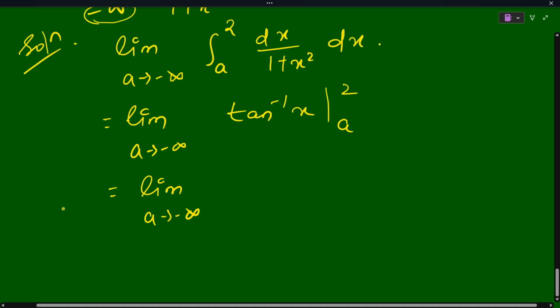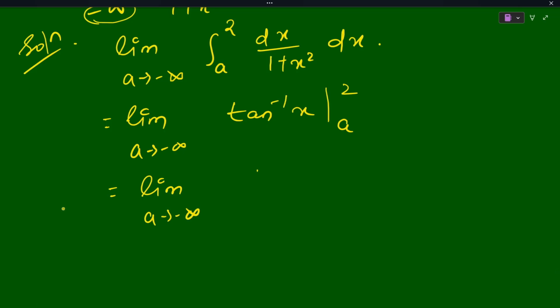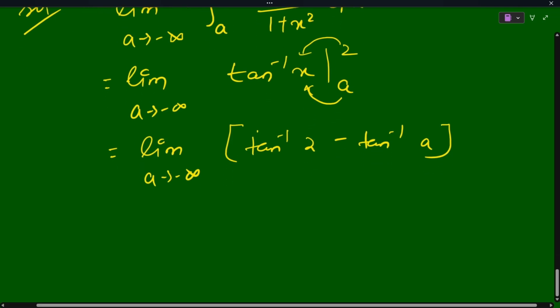At first we will use the upper limit, then we will use the lower limit. So it would be tan inverse 2 minus tan inverse a. Now I have to apply this limit part.